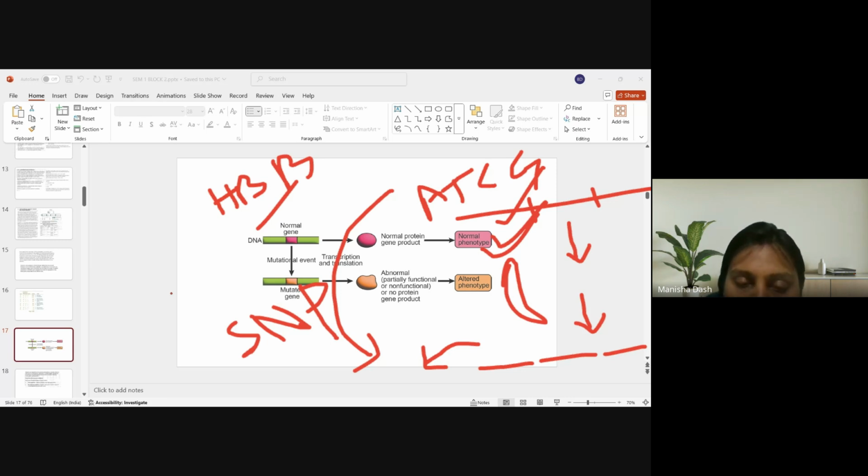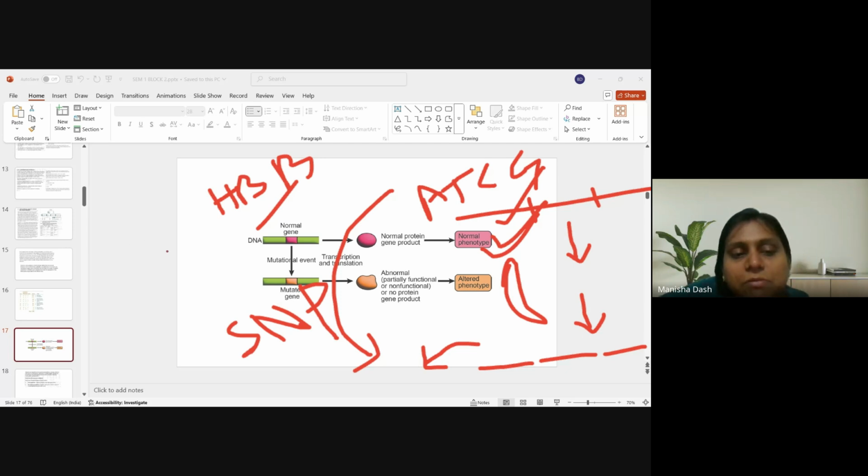It's not like every change in the DNA sequence will be regarded as a mutation, because in a population variation of certain DNA bases among the individuals can exist. So how will you differentiate a polymorphism or single nucleotide polymorphism from a mutation? Based on the frequency.